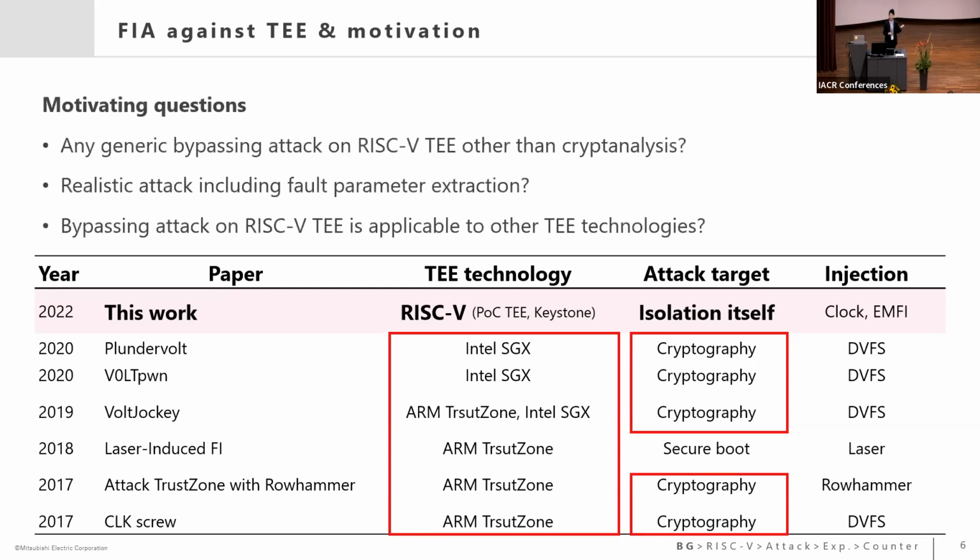Here are our motivating questions. Is there any generic bypassing attack on RISC-V-based TEEs other than cryptanalysis? Is it a realistic attack, including fault parameter extraction? And is the bypassing attack on RISC-V applicable to other TEE technologies? The answer is yes to all of them, according to our work. Let's take a closer look.